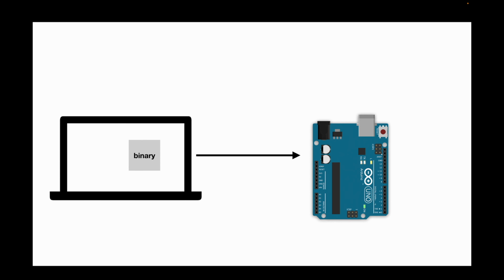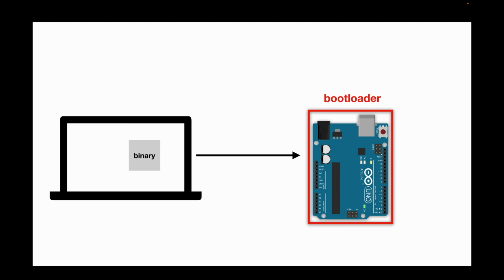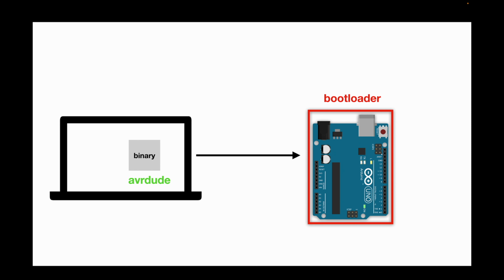The next step is, how do we get this binary to our Arduino? The first step is a reset. So the process works like this. After the computer generated this binary, it resets the Arduino. And after reset, the Arduino by default starts a small program that is called Bootloader. The Bootloader checks if there is a computer attached that tries to upload a binary. And the computer is now using a tool called avrdude to upload the binary.